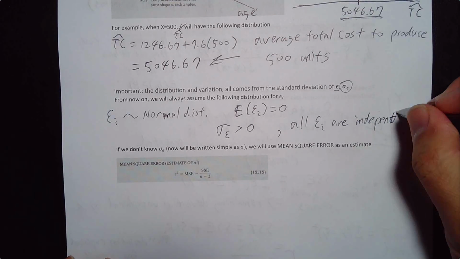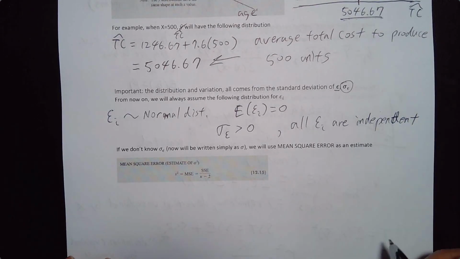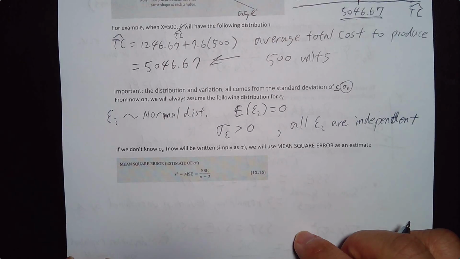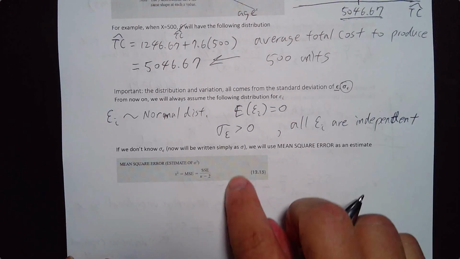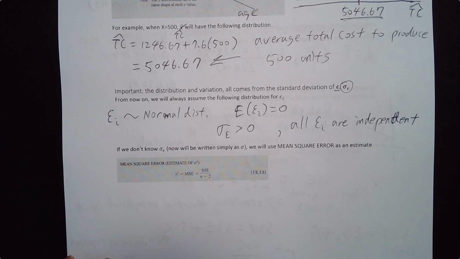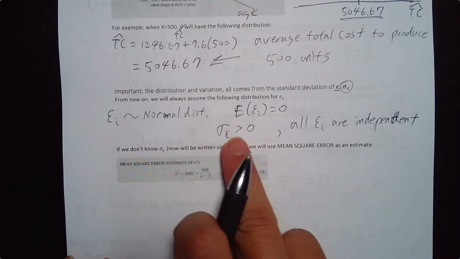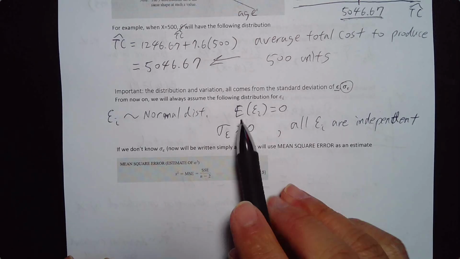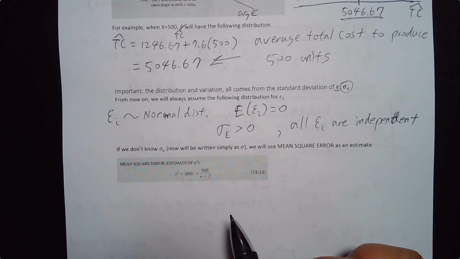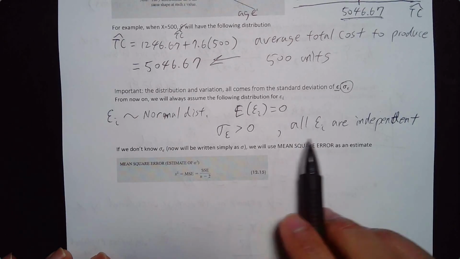Now, if you continue on to study statistics, one of the first things you would do in a higher level stats class is start relaxing these assumptions, or learn what happens to your results when these assumptions don't hold. But as an introduction to regression, we're going to assume that all these assumptions hold.